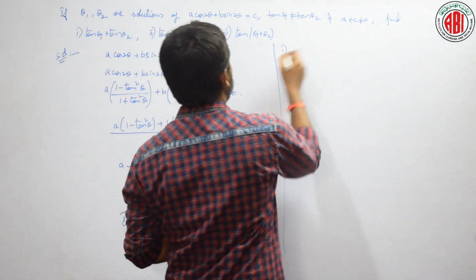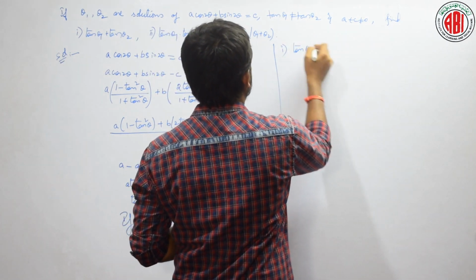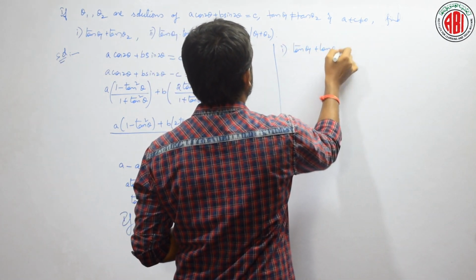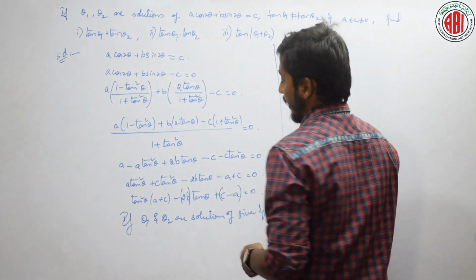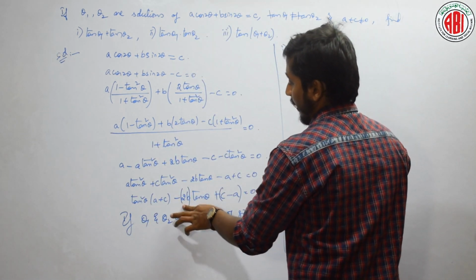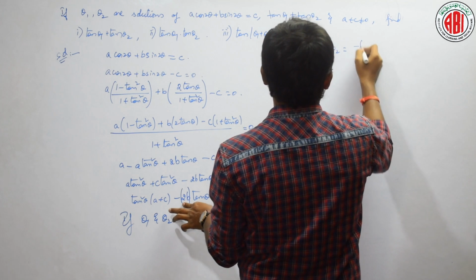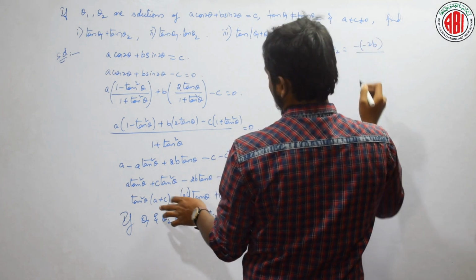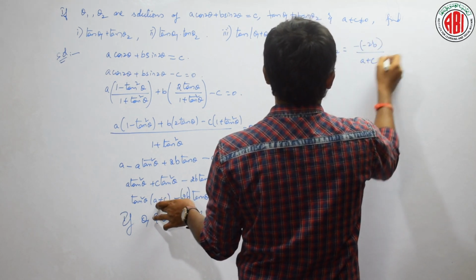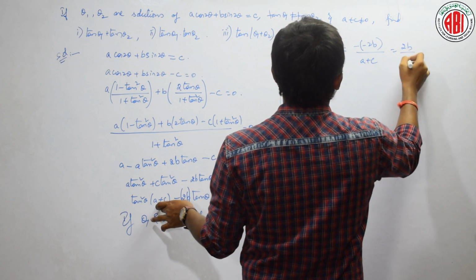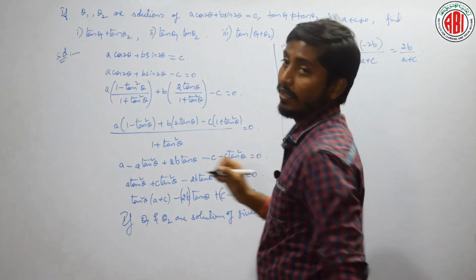Sum of roots, tan theta 1 plus tan theta 2, is equal to minus b by a, that is minus of minus 2b divided by a plus c, which is nothing but 2b by (a plus c). Is it right?